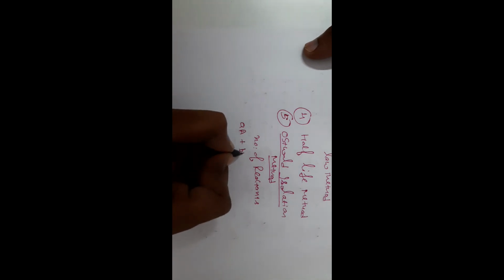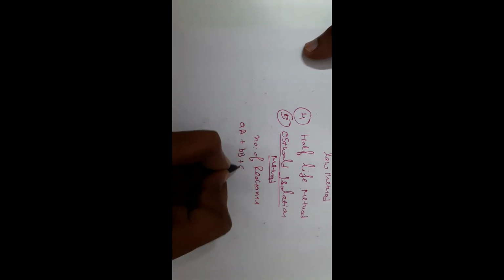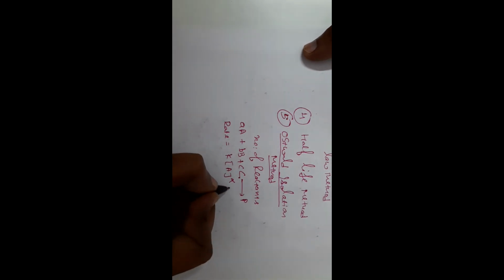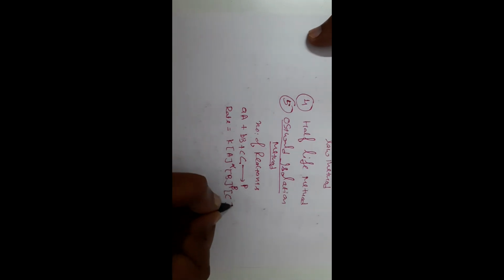A plus B plus C gives products. Let the experimental rate be A raised to power alpha, B raised to power beta and C raised to power gamma.